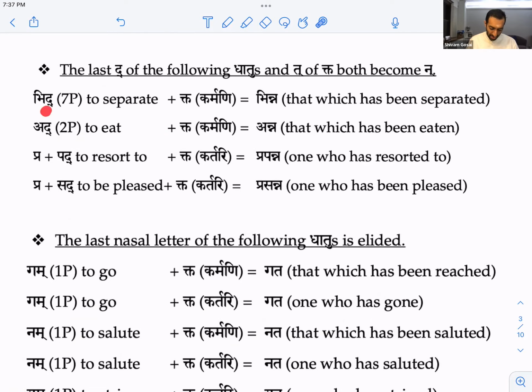So da becomes nakara, and then the ta becomes nakara. So you get bhinna. Ad, so it becomes an, and this ta becomes na, you get anna. Prapad becomes prapan, and this ta becomes na, so prapanna. Prasad becomes prasan, and this ta becomes na, prasanna.